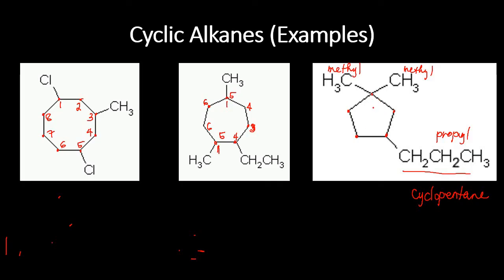So, mapapansin natin, dalawang carbon ang may substituents. Itong carbon na to at saka yung carbon na yan. At ang sabi ko nga, kapag ganito na may mas madaming substituents, meron siyang isang methyl doon, isang methyl doon, attached to it. Versus dito, isa lang, propyl. Okay? So, magsisimula tayo sa numbering 1 dito sa may mas madaming substituents.